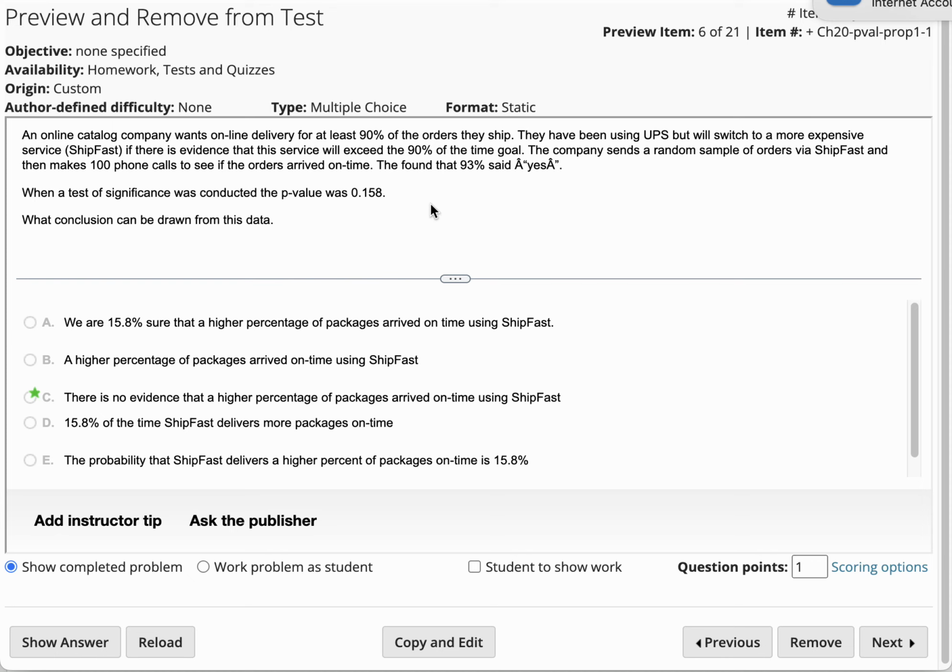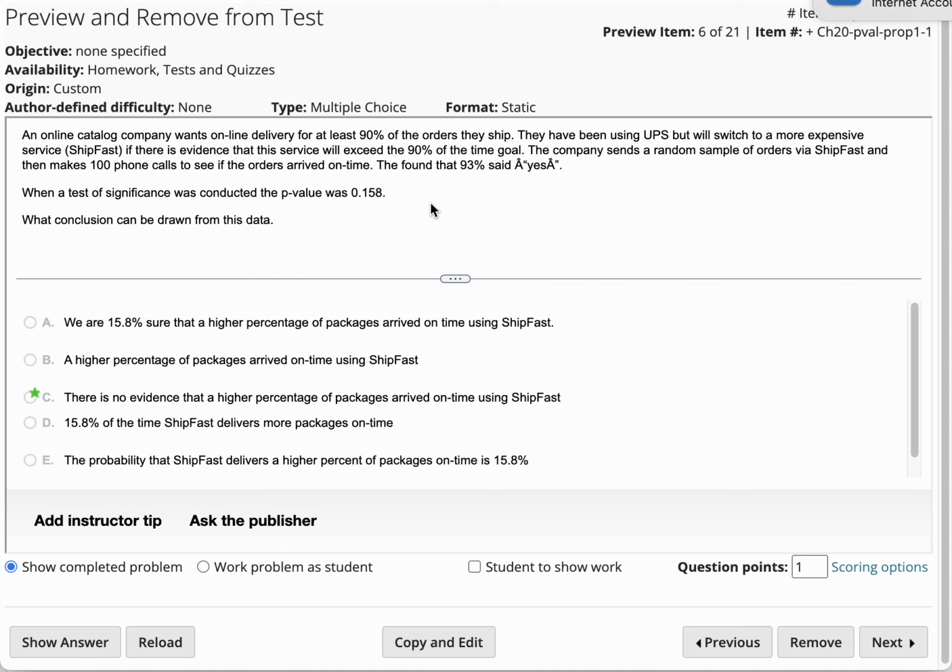the null hypothesis. So the null hypothesis would say that the ship rate is 90% versus the ship rate is more than 90%.